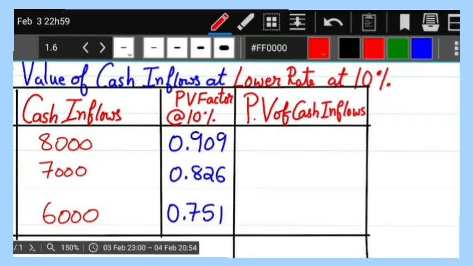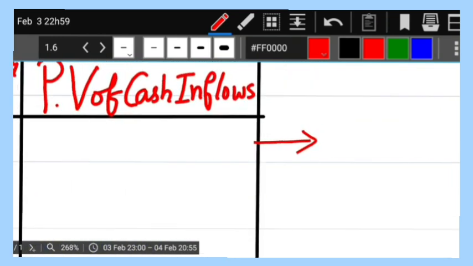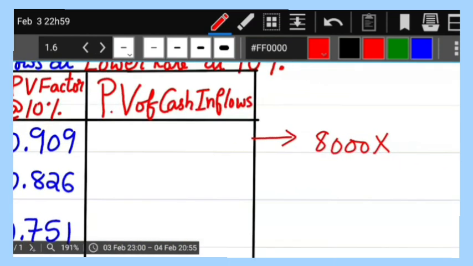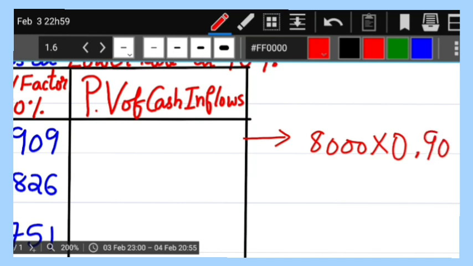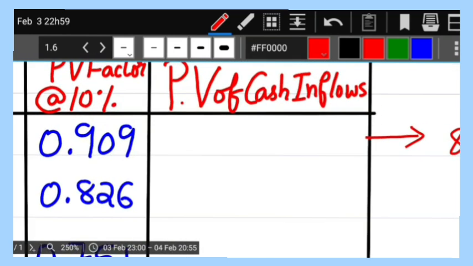How to find this? You have to multiply cash inflows and PV factor at 10%. So for getting present value of cash inflows, I have to multiply 8,000 and 0.909. By multiplying, I will get 7,272 as the answer.